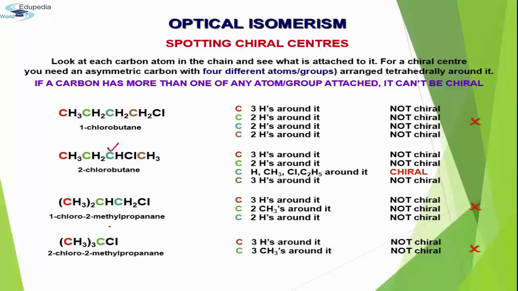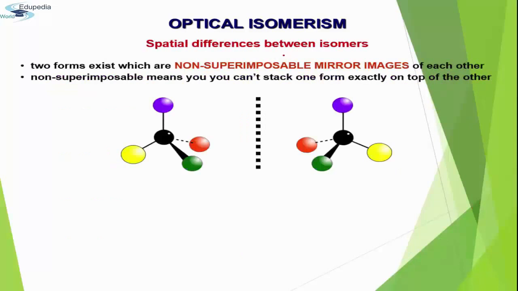The test of chirality is that 4 different atoms or groups should be attached to a carbon, that is an asymmetric carbon. An asymmetric carbon means 4 different atoms or groups are attached to it, then only it will have a chiral center and it could exhibit optical isomerism.